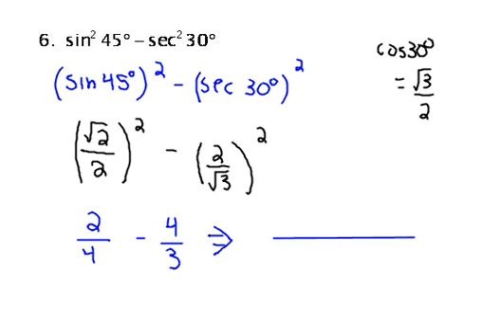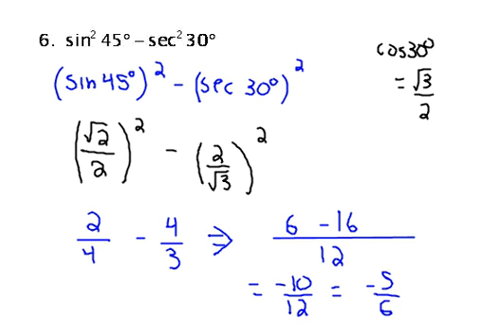Now I'm going to do something I wouldn't normally do, but I'm going to keep a denominator of 12, because that 2 over 4 is really 1/2. But I'm going to keep the denominator of 12, whatever. 4 times 3, 2 times 3 is 6 over 12. It's not going to make any difference. 3 times 4, 4 times 4 is 16. And that would give us negative 10 over 12, which is equal to negative 5 over 6.